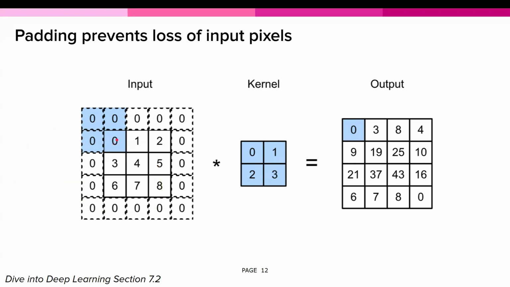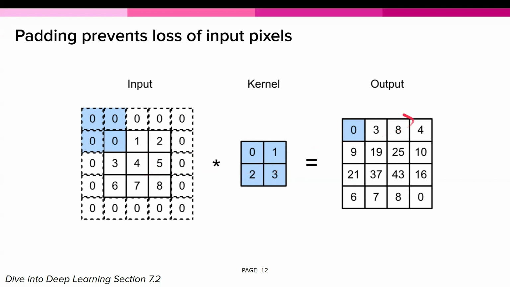On the left here, we've got values ranging from 0 to 8 in the center, and then we've surrounded that with a perimeter of zeros, and the dashed lines indicate that this is the added padding. Without this padding, only the inner pixels would have valid values in the output, which would reduce the overall size of the output.